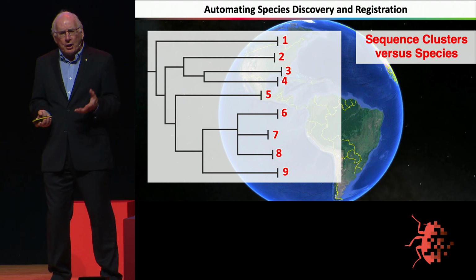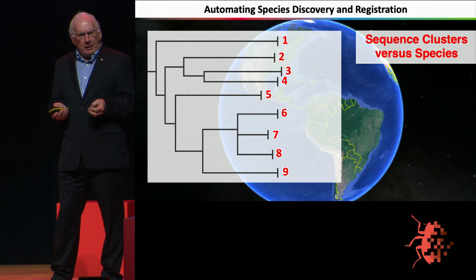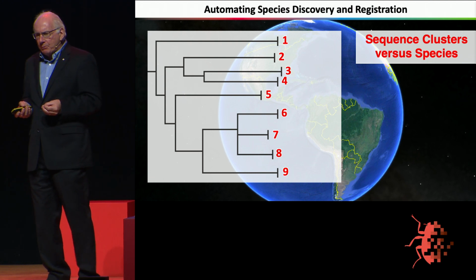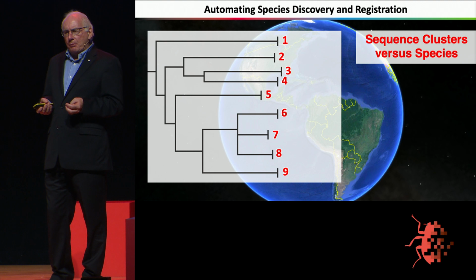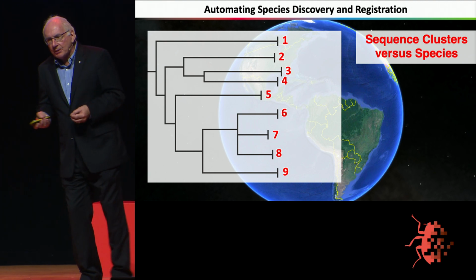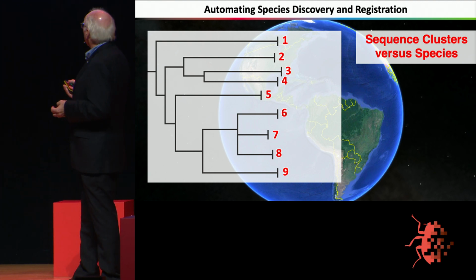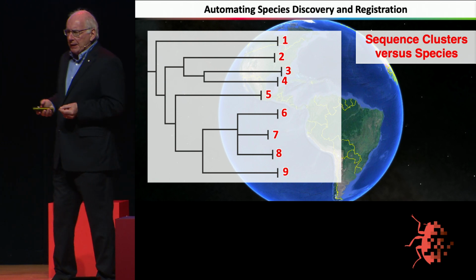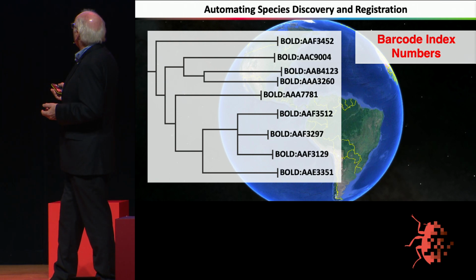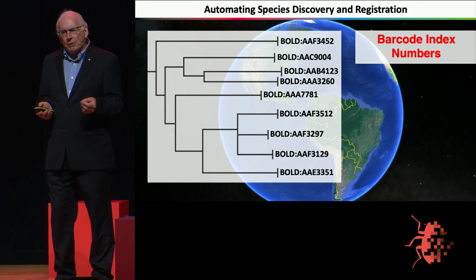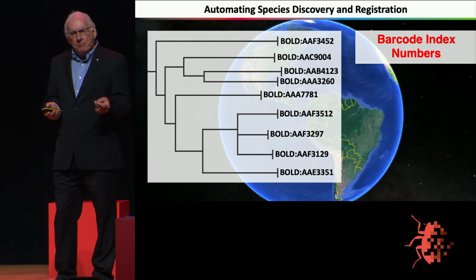In a way, we've just automated species discovery if this happens to be some group of organisms which we have no taxonomy for, soil mites, almost no taxonomy for. So you immediately get a count of the number of clusters, and the bin system goes one further. It names them. It adds a unique alphanumeric.